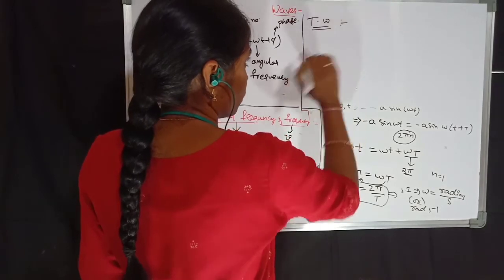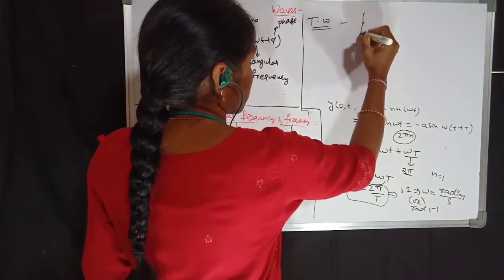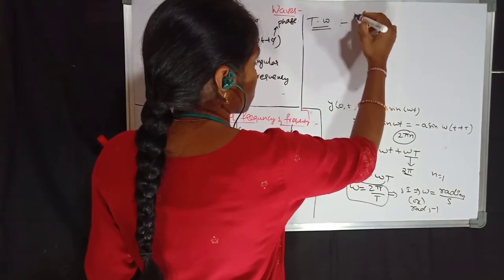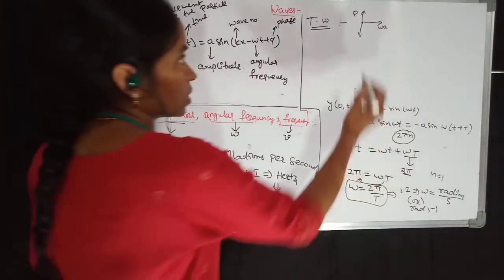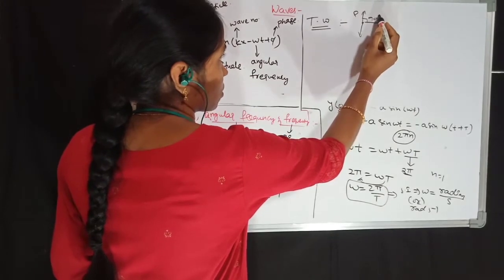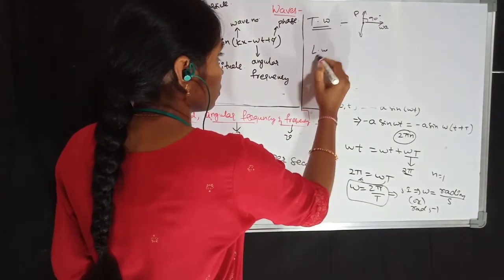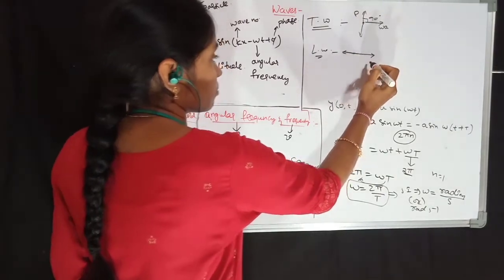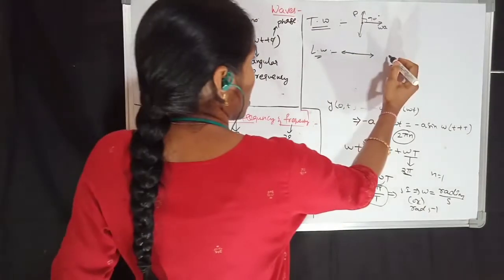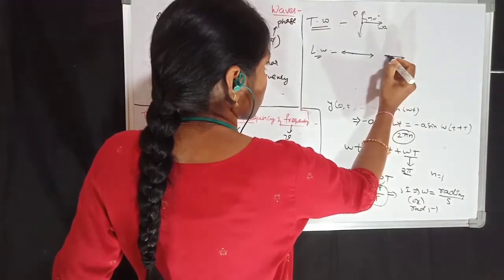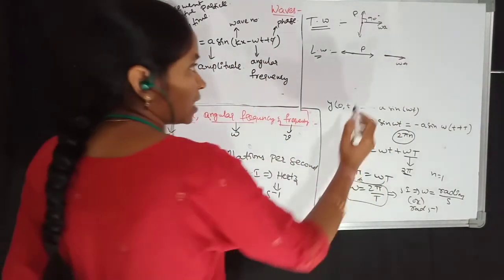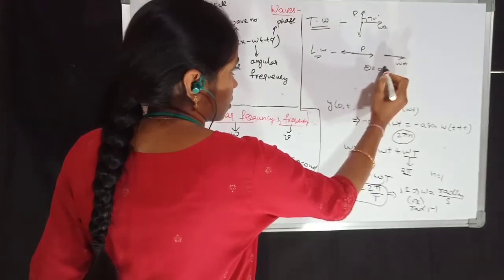This is the wave direction, this is the particle direction, both perpendicular to each other. And coming to a longitudinal wave, the displacement of the particle direction and the wave direction, this is the wave direction and this is the particle direction, both are parallel to each other. Here the angle will be 0 degrees.